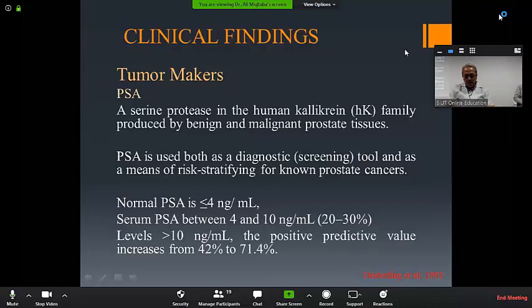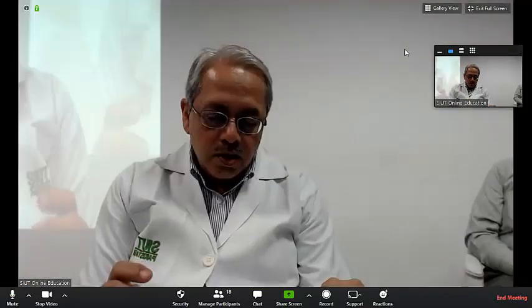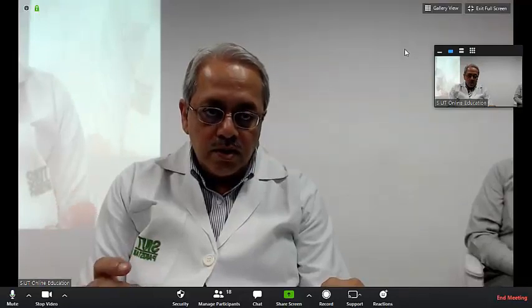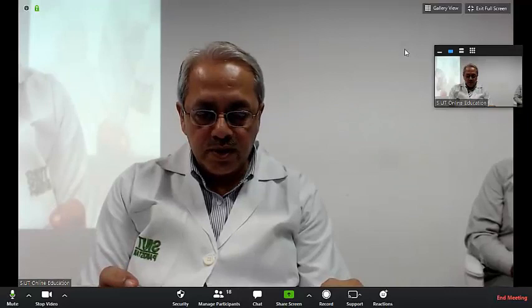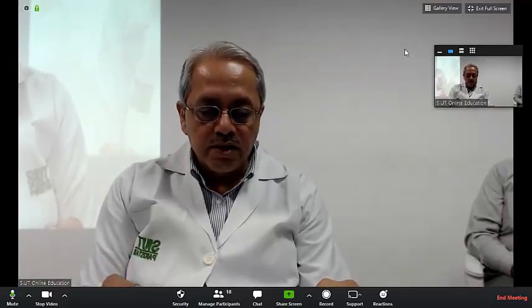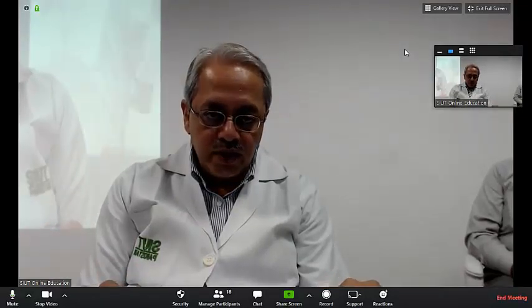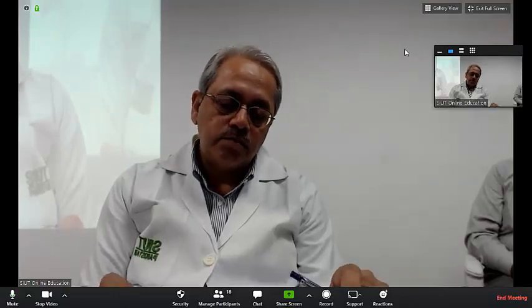But if the person attains an age of 50 to 55 and beyond, this range of normality changes. So for all purposes, if you have a patient who is 50 years plus, the normal range should be below 2.5 nanogram per ml of PSA. The gray area lies between 2.5 to 15 nanogram per ml.